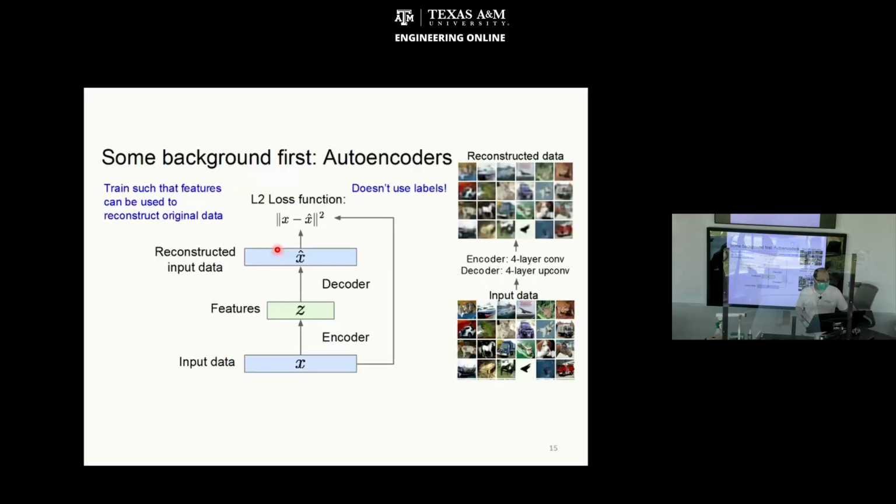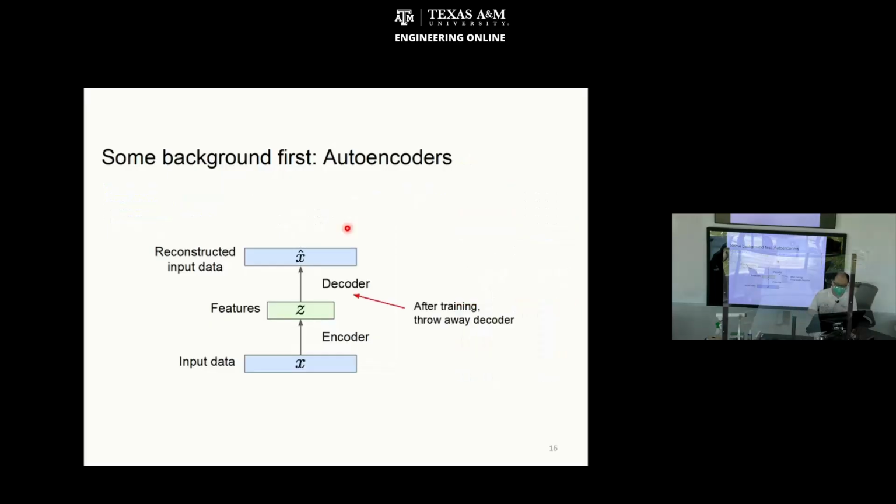And then the loss here is very simple. It's the distance or difference between the input and the reconstructed data, so the input and the output. Here you see that there's only X, there's no Y. So in this sense, there are no labels.